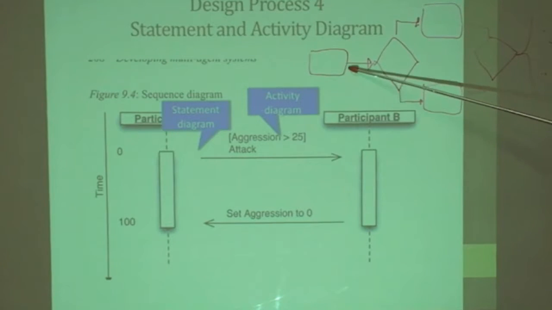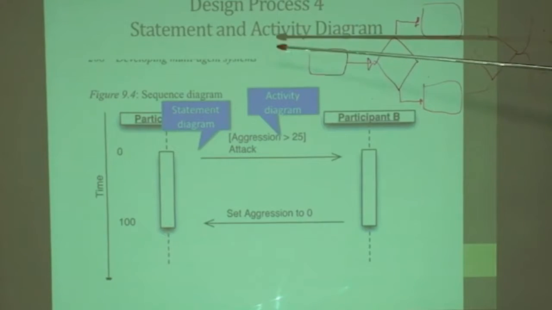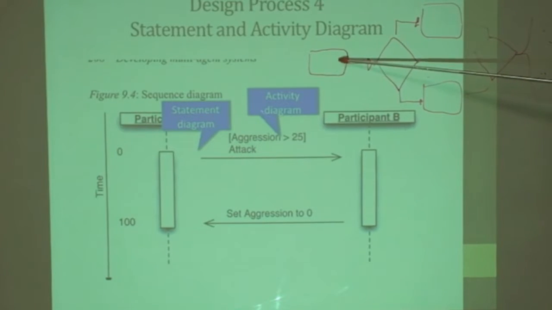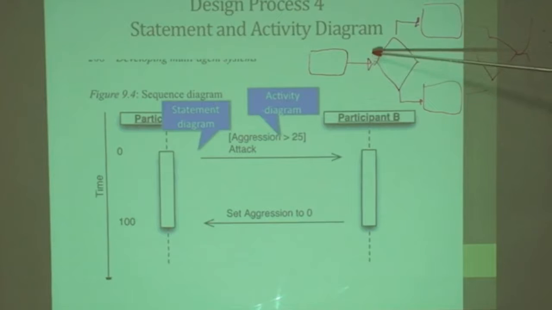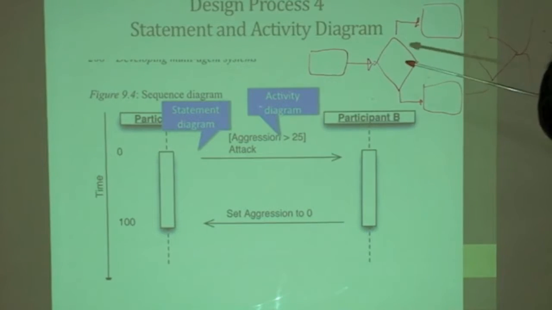This square is the statement diagram. The statement diagram shows the state of the agent. And this figure shows the activity diagram. The activity diagram shows how decisions are made by the agent.